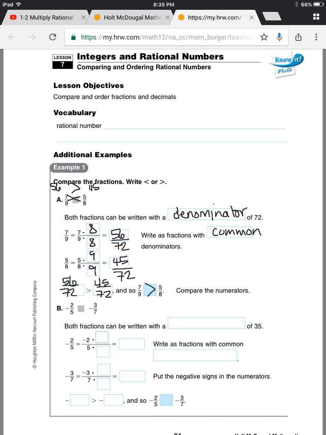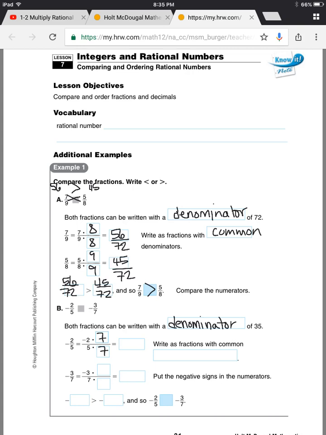So, B, both fractions can be written with a denominator of 35. Okay, 5 and 7, common denominator is 35. So, what times 5 gets me 35? 7 does.